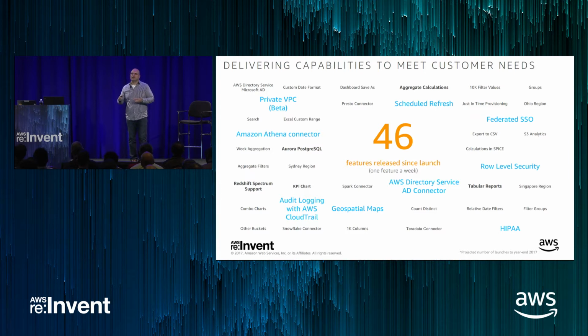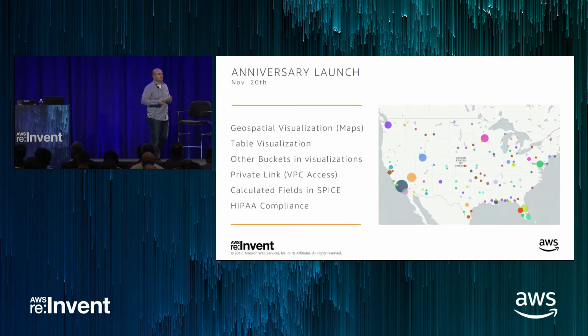But if you think about it, these are just 46 major features released in the last year, and if anything, going into 2018, we plan to continue to accelerate the features and capabilities that QuickSight can deliver.